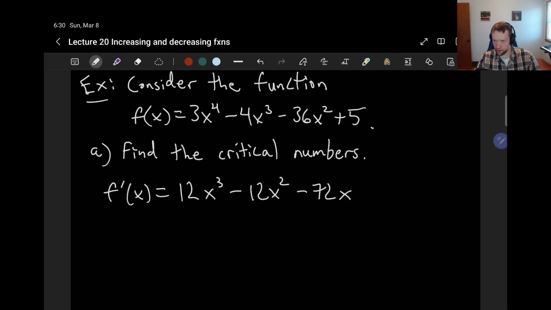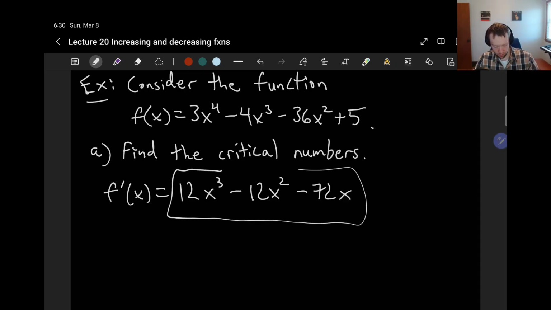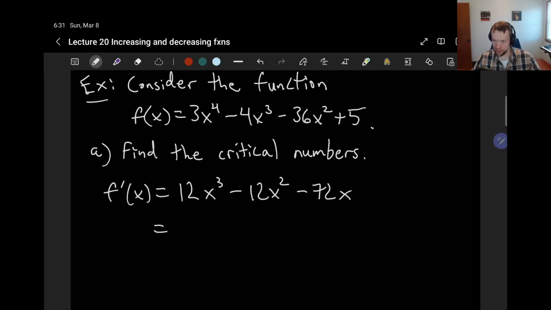So to find critical numbers, I want to determine when is the derivative 0 or undefined. Now, this will always be defined. It's a polynomial. So we need to set it equal to 0. And so to solve, we will want to factor, right? Whenever you have a polynomial equal to 0, you typically solve by factoring. So we look for things that we can factor out in every term.